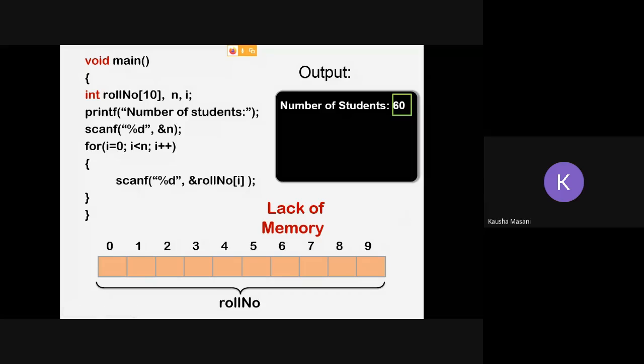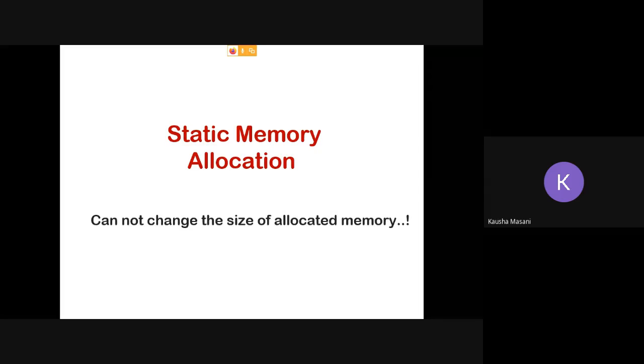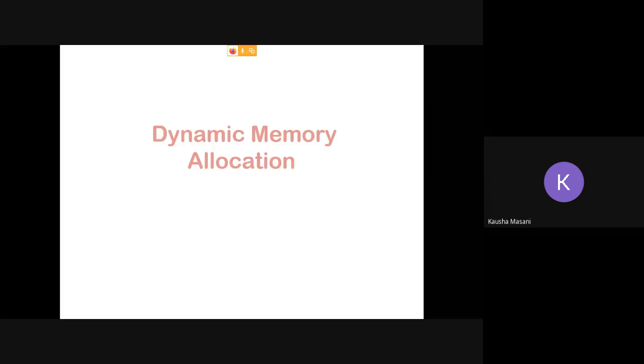So to overcome these two disadvantages of static memory allocation, we are moving towards dynamic memory allocation. Why? Because you cannot change the size of the allocated memory in static memory allocation.